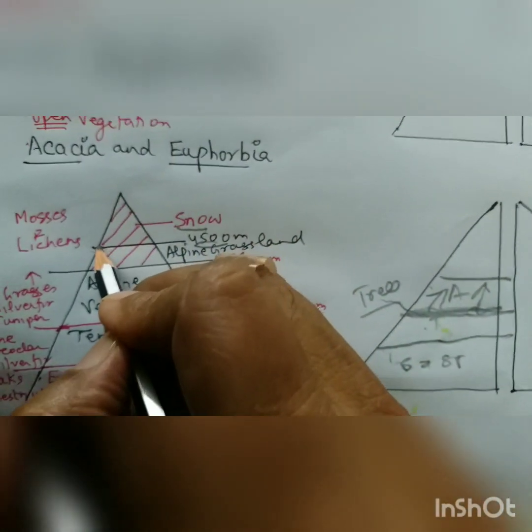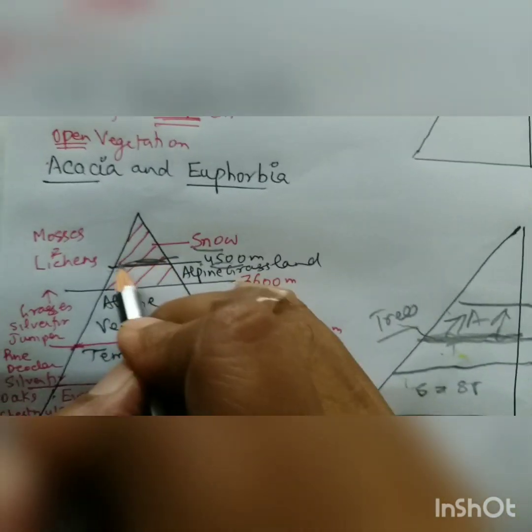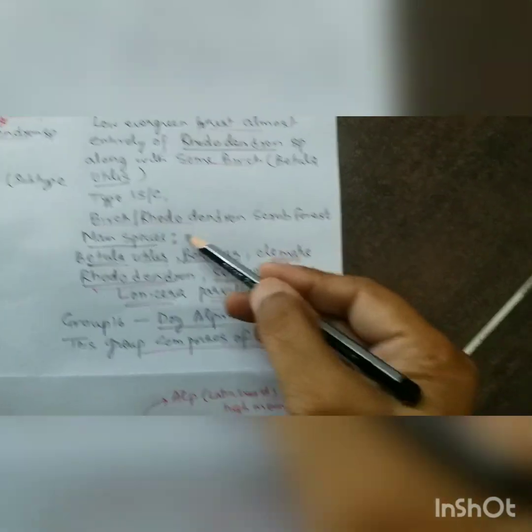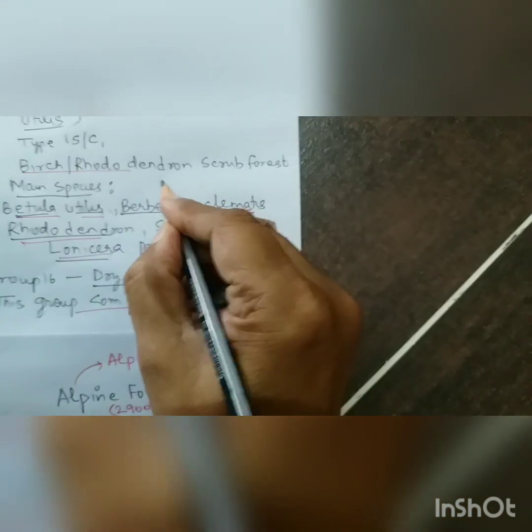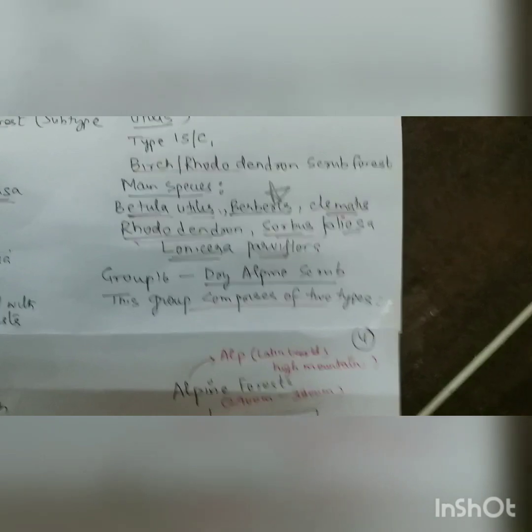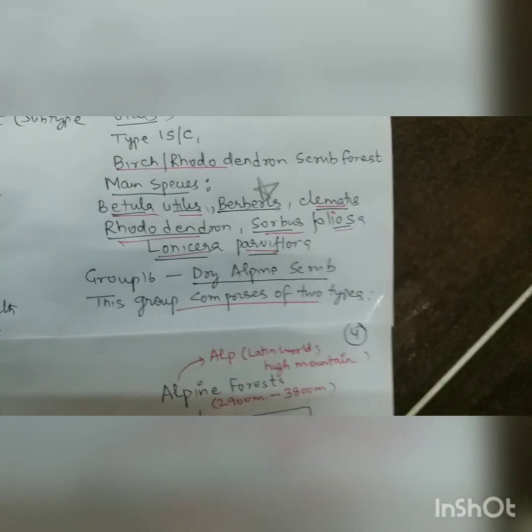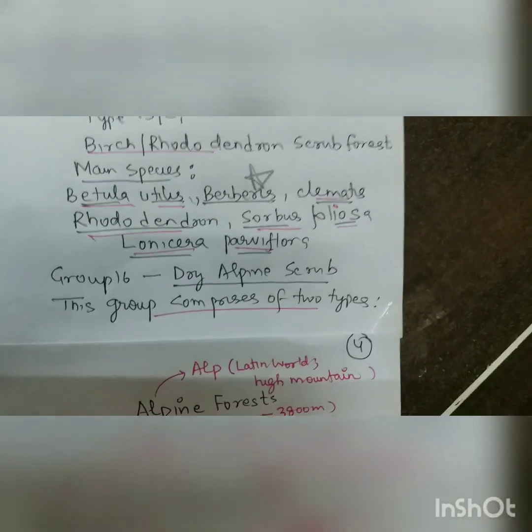So in it we come to the species that is Betula utilis, I already explained. Now then is barberries. This barberries is a very important species, and besides barberries, this is clematis, rhododendron, right?